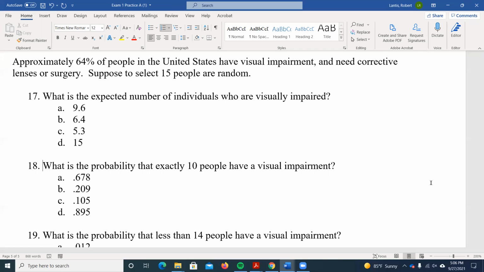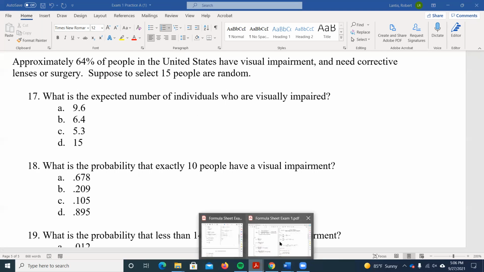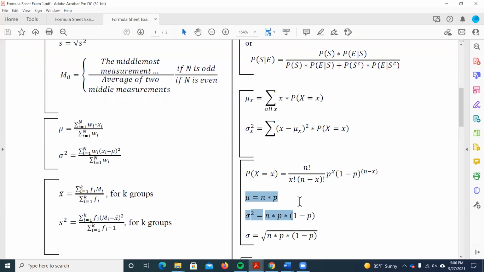The expected number, or the mean: if I had 100 people here, what would be the expected number of people that have a visual impairment? Yeah, 64. It's a little easier to think about what we're doing in our head to find that mean. Here are our equations for a binomial distribution example.